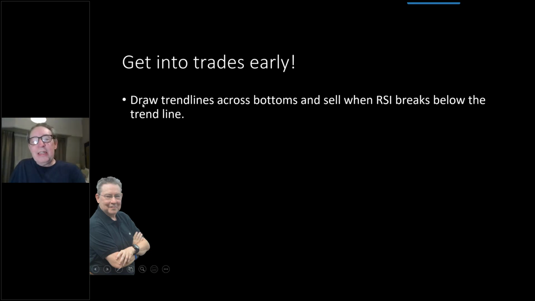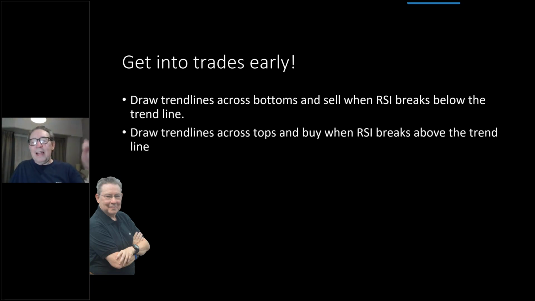This technique that I'm teaching you, I call mother-in-law, because you better pay attention. We're going to draw trend lines across the bottoms of RSI, not of prices, of RSI, and sell when the RSI breaks the trend line. Then we're going to draw trend lines across the tops and buy when RSI breaks that trend line. So that's the whole system.